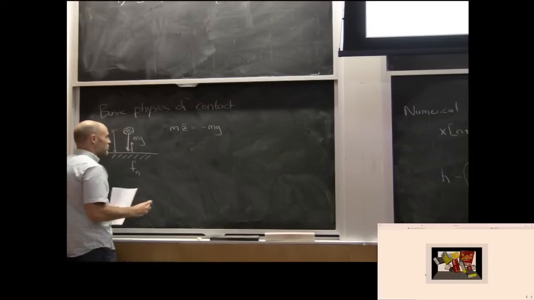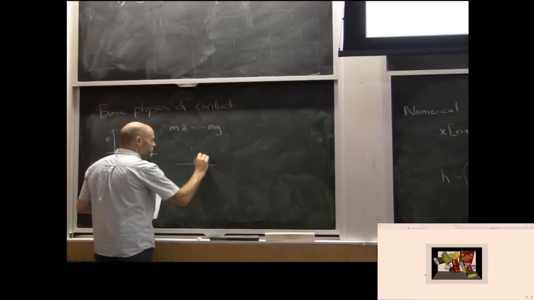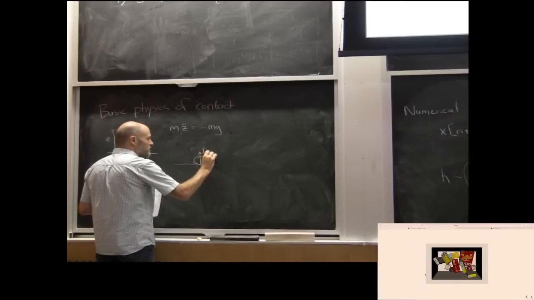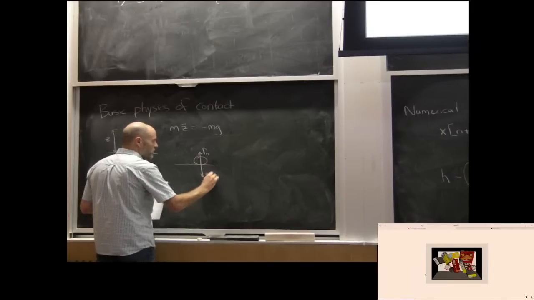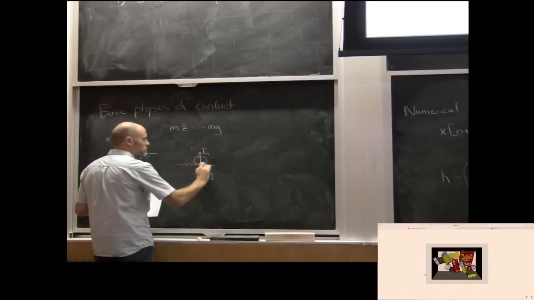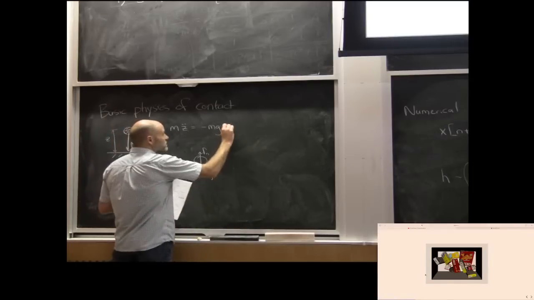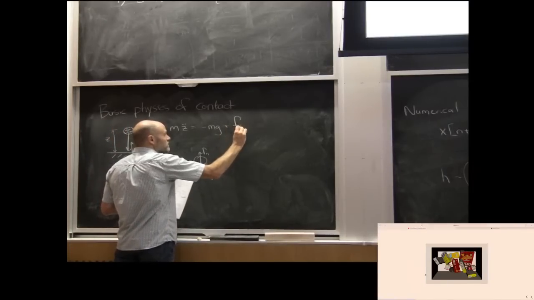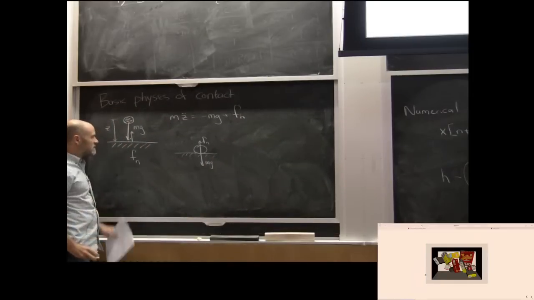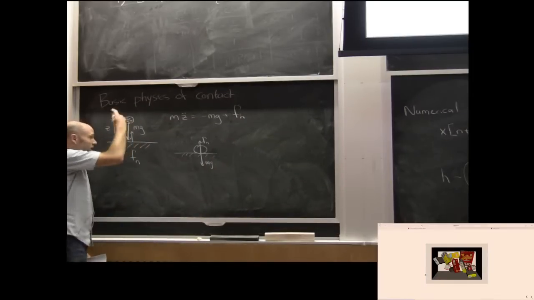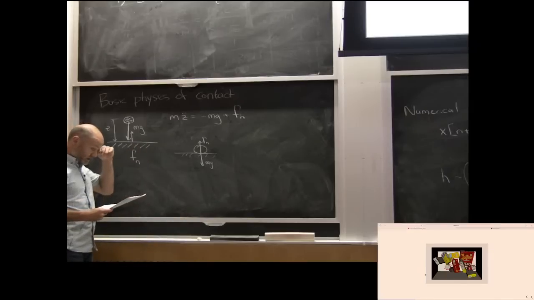So when it's on the ground, I'll have this force Fn, and I'll have the mg, both. So then in this case, my equations look like this. Like I said, you might expect it to bounce, but we'll see the cases where it's not.